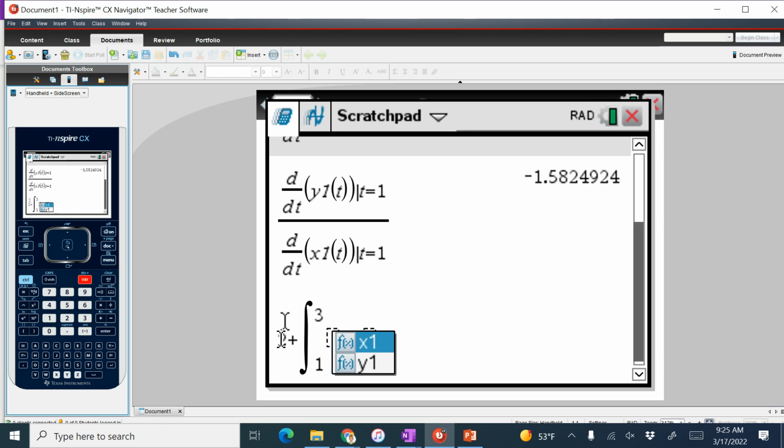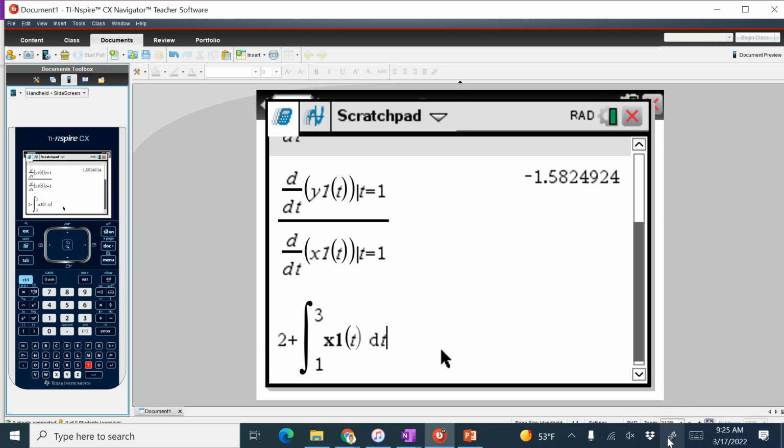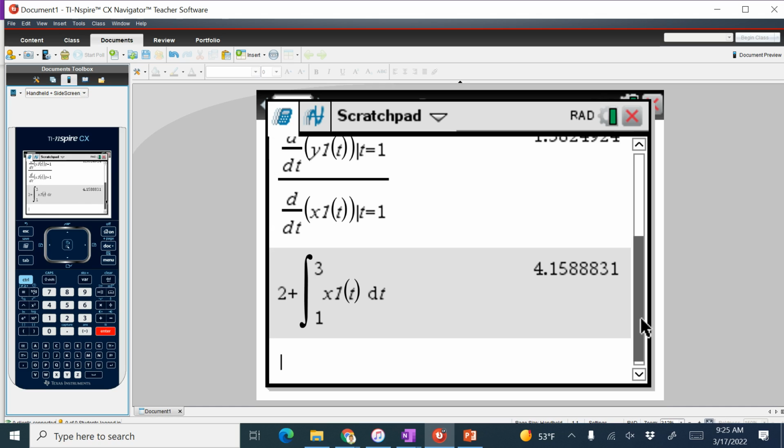And then you're going to go var x1 of t dt. And go ahead and hit enter. We get 4.158.